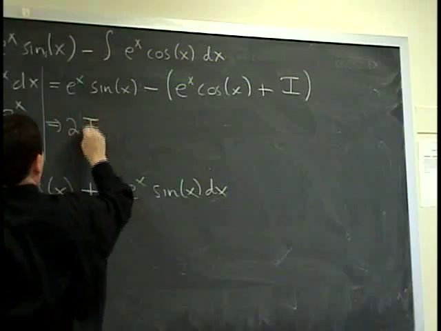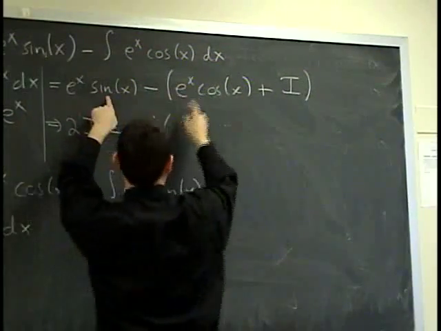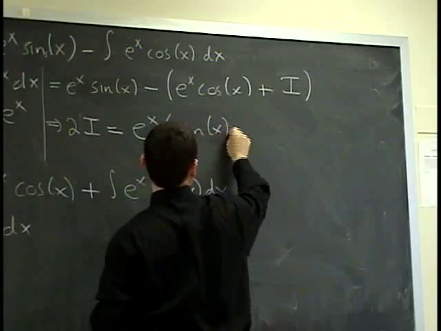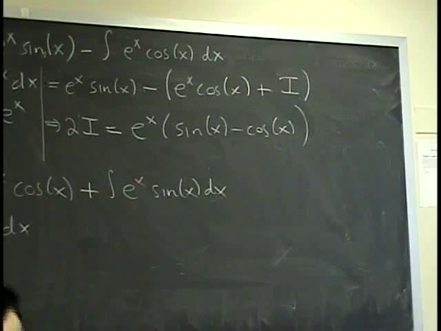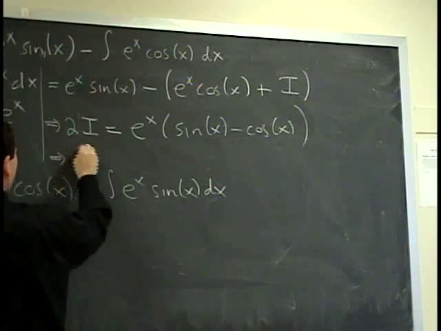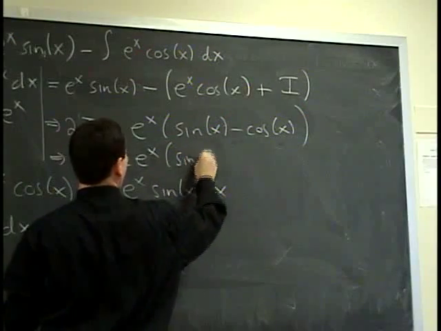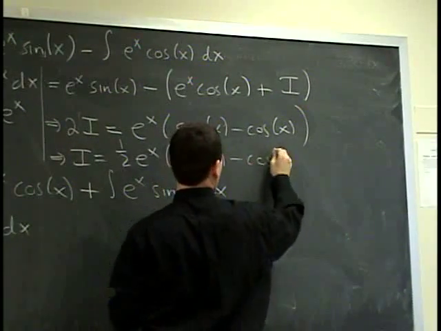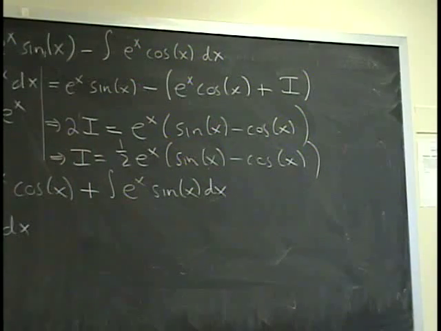And I get 2I equals whatever is left over: e to the x times sine of x minus cosine of x. Divide by 2, voila. What we were looking for.